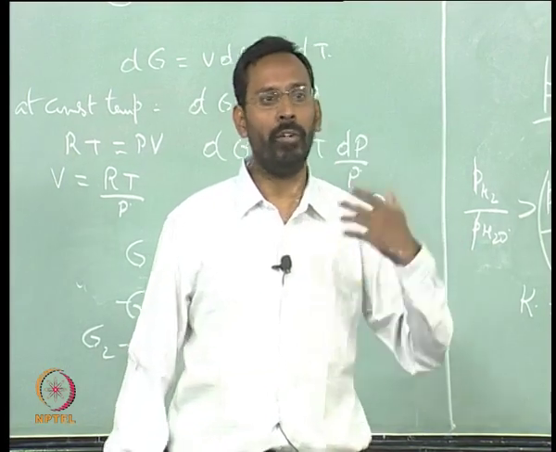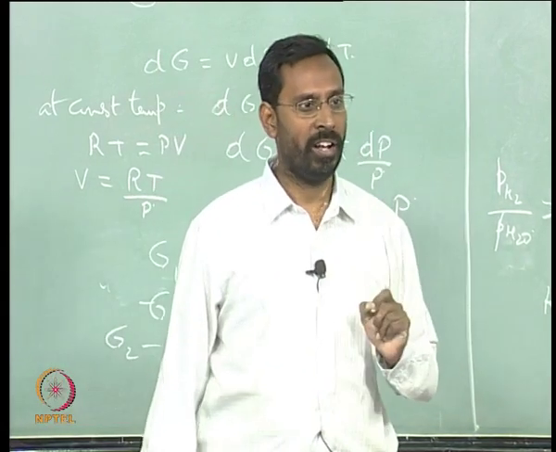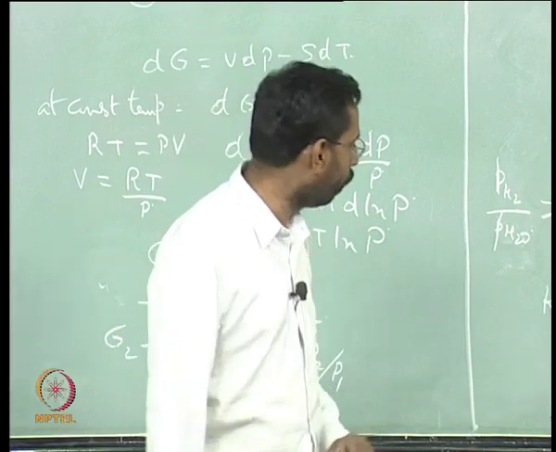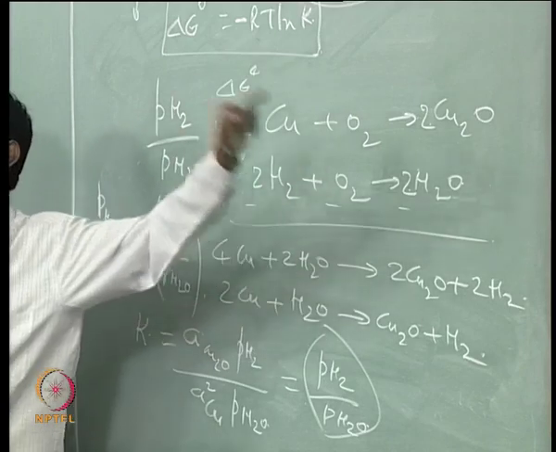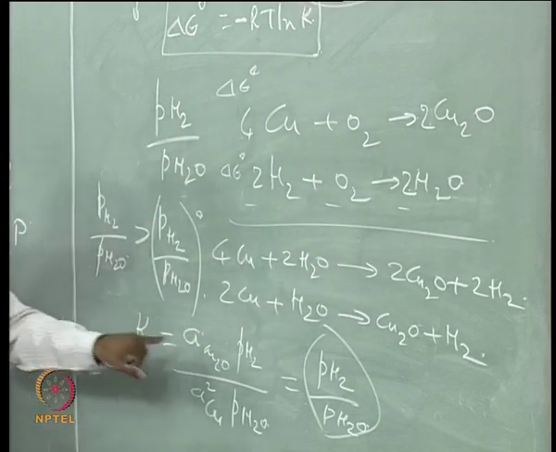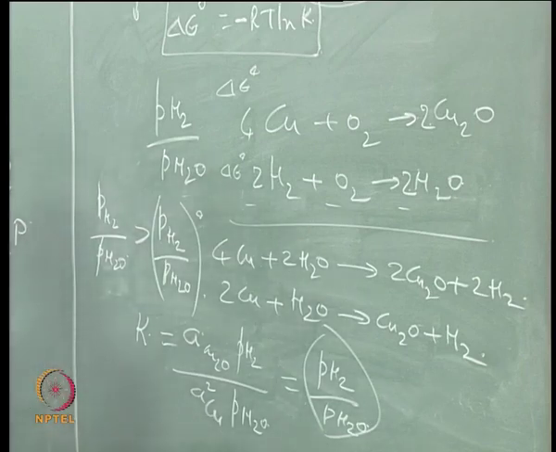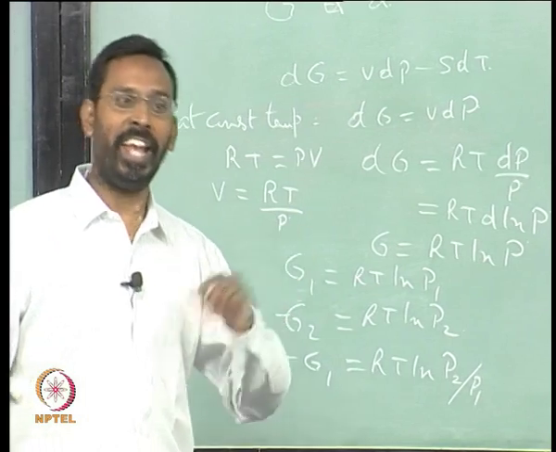Let us say I want to find out whether nickel of that superalloy will oxidize, whether aluminum of that superalloy will oxidize or not. If you want to find out, you have to actually find out for each of them equations like this, and the activities of the oxide and the metal that you are putting in this equation should be accordingly the compositions of those. Once I know the composition of it, mole fraction of it, activity is equal to mole fraction.